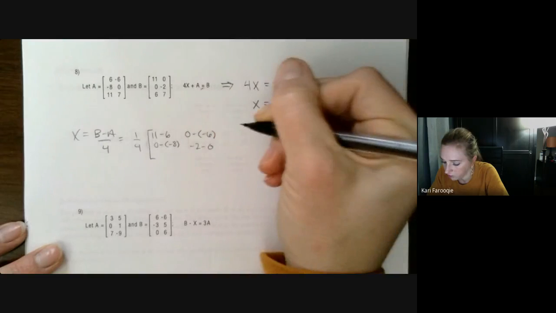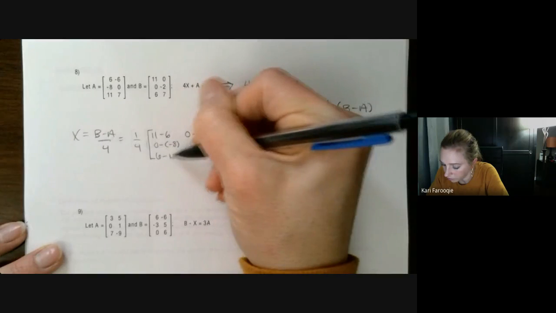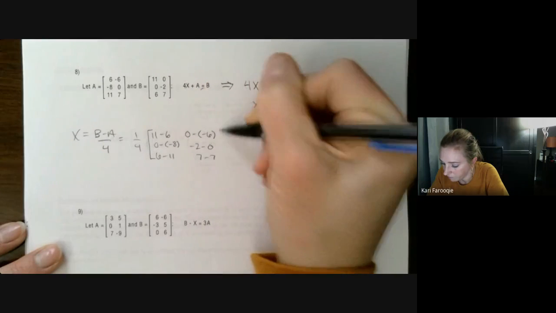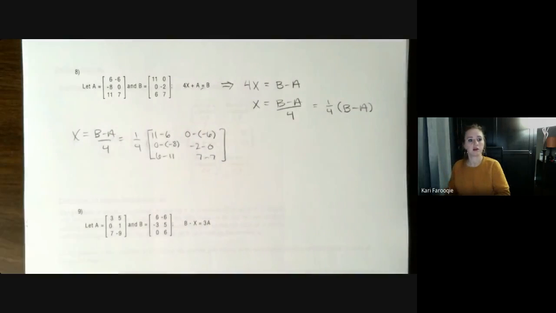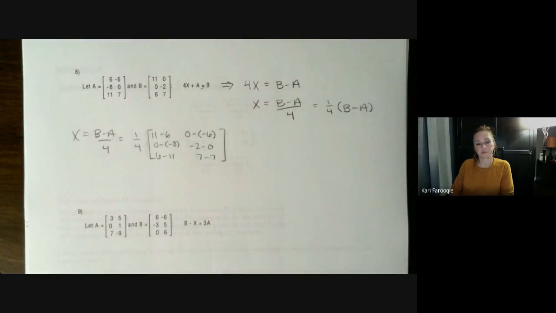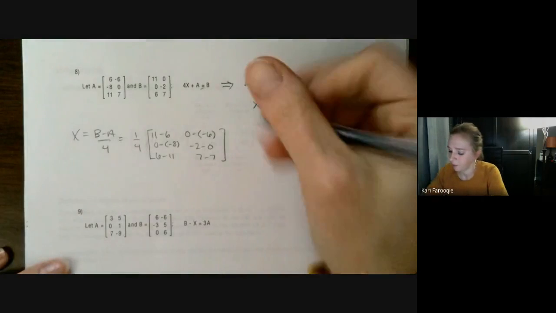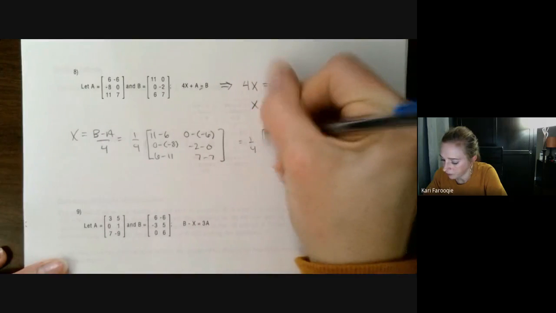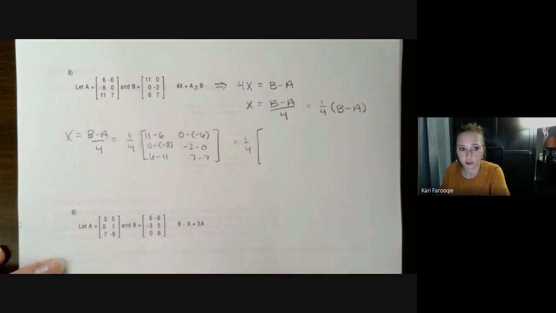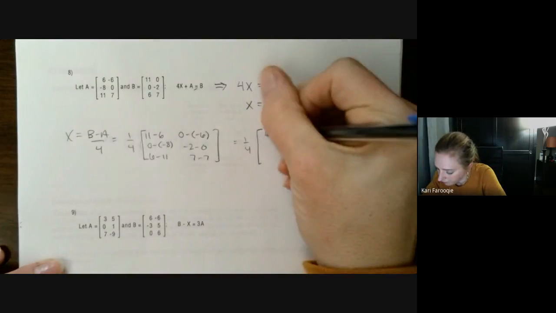Negative 2 minus 0. 6 minus 11. 7 minus 7. Questions before I proceed? So simplify your matrix and then perform your scalar multiplication.